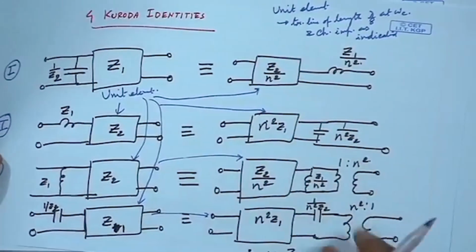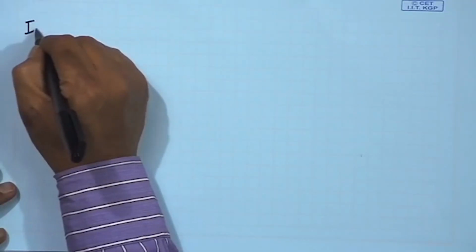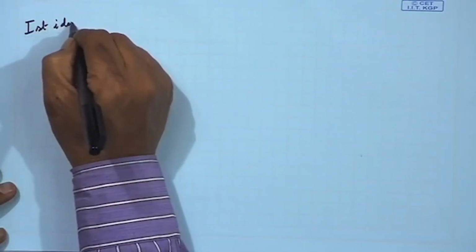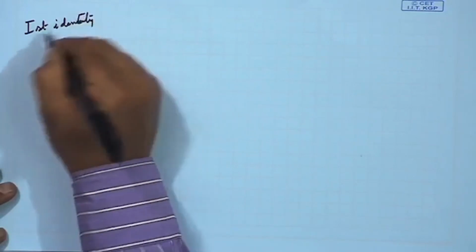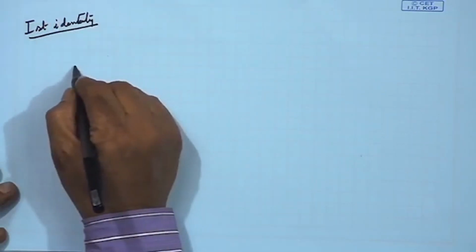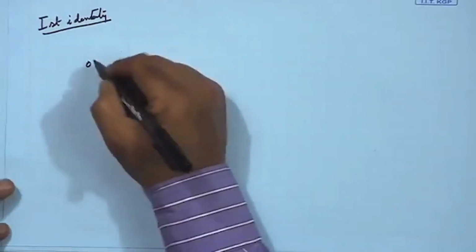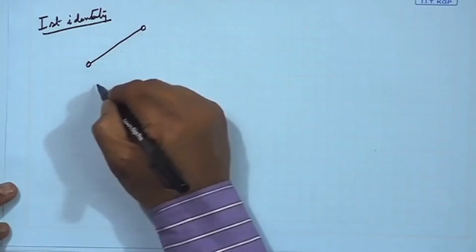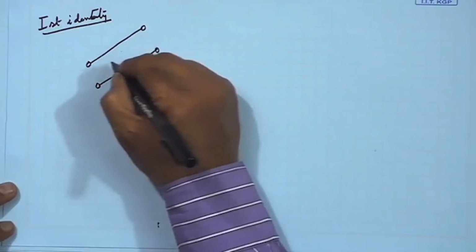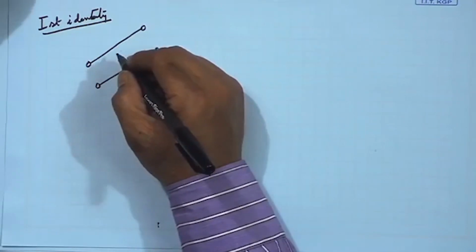Now, all these can be proved; we will just see how to prove the first identity, let us say. You see here I have a shunt capacitance. So, that means I have a shunt stub, an open circuit stub, and this value is 1 by Z2 characteristic impedance.